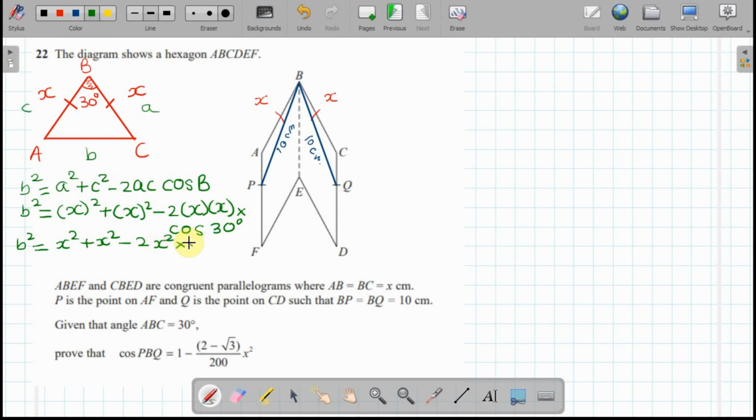Cos 30 is root 3 over 2. So these two 2's will cancel out, that 2 divided by 2, and that 2 will also divide by 2. They will become 1's.